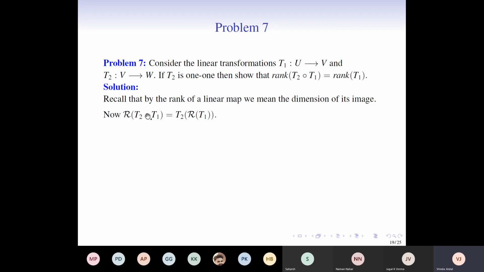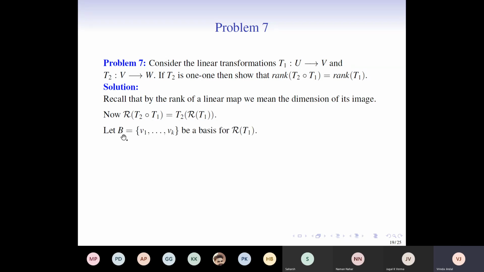So T2 will get something of the form T1 of some u. So basically the input of T2 is only the range of T1. Think of these in terms of sets of vectors, and you will see that range of T2 T1 is simply T2 of range of T1.